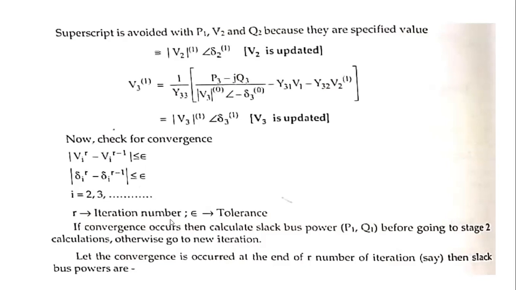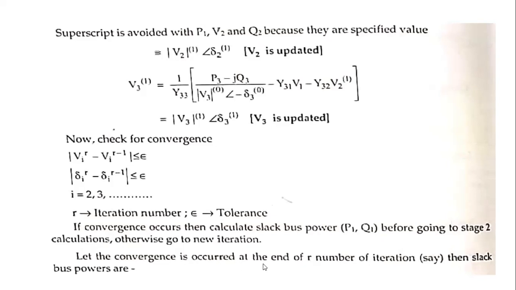Here r is the iteration number and epsilon is the tolerance value. If convergence occurs, then calculate the slack bus powers, P1 and Q1, before going to the stage 2 calculations. Otherwise go to the new iteration.